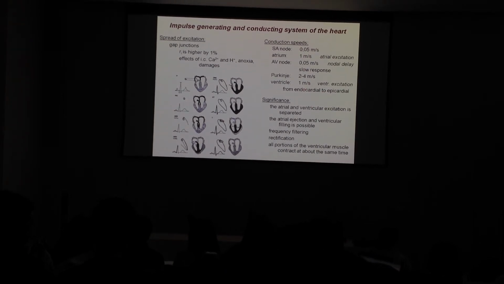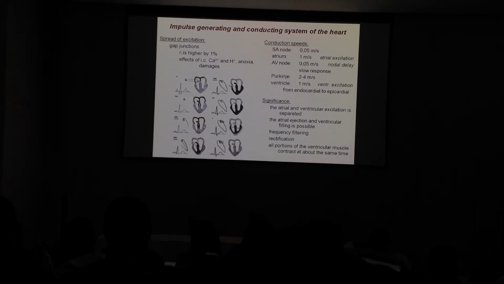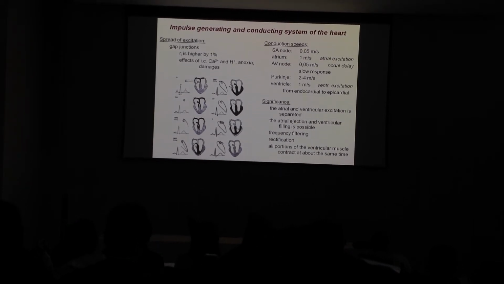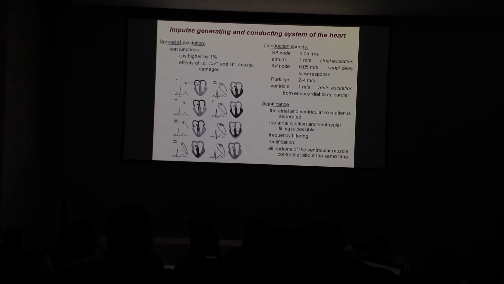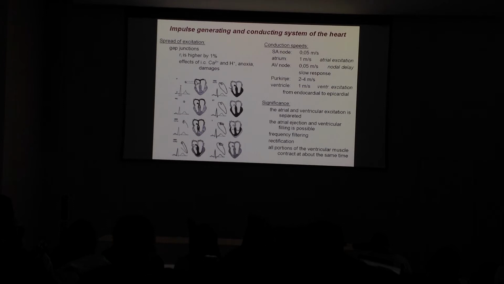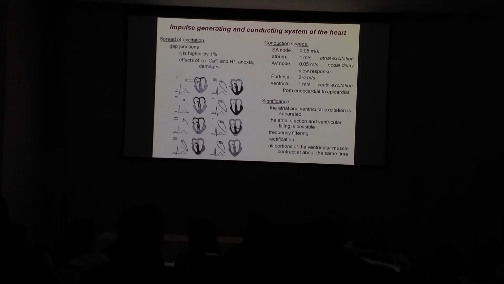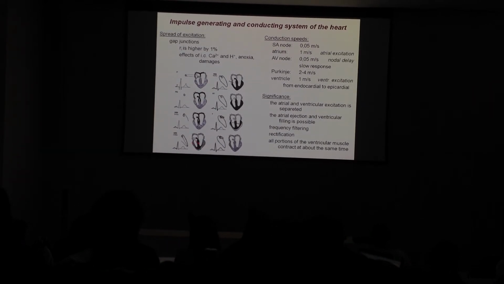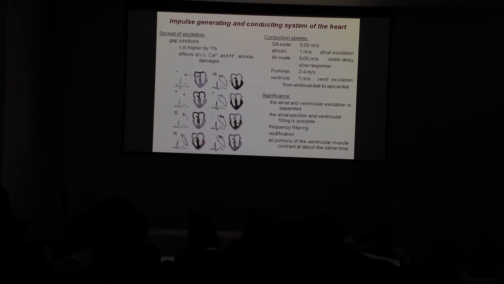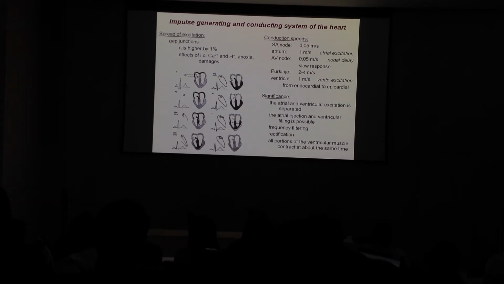But it's very interesting that there is a certain regularity in how the ventricular muscle fibers are depolarized. They are not depolarized at the same time everywhere. We can differentiate the depolarization of the endocardial part: on the endocardial surface these muscle fibers are already depolarized, while the epicardial part still has normal membrane potential.